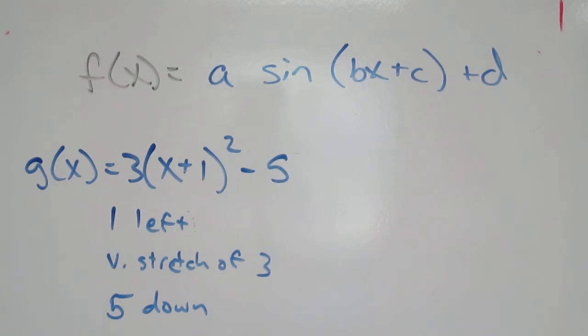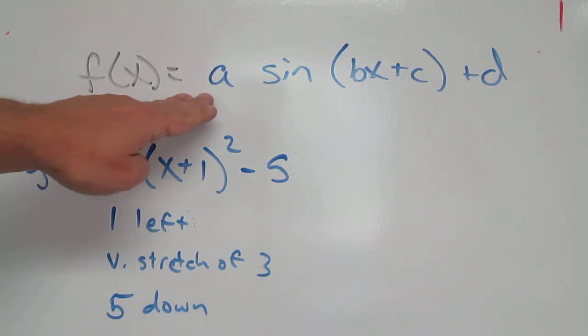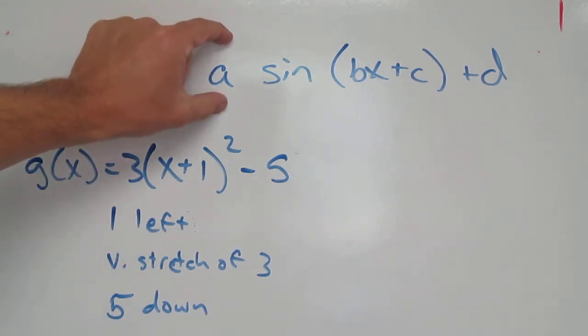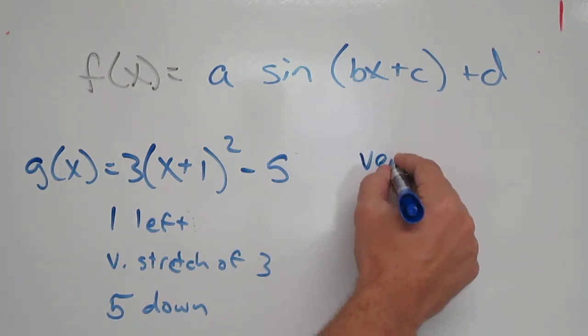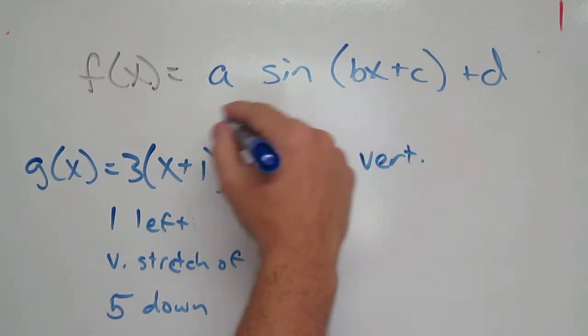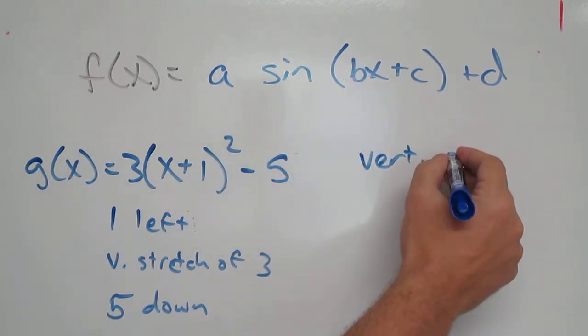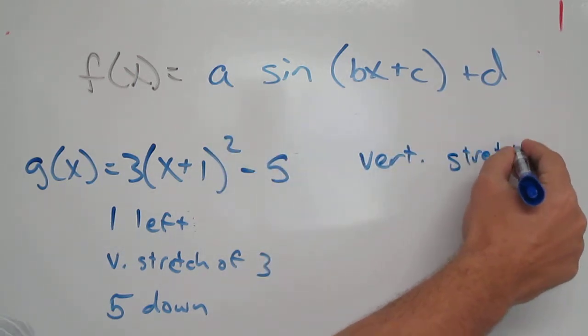Okay? I'm going to do the same thing with sine curves. If I have something being multiplied out in front, I'm going to have a vertical stretch. I'm doing these in order that we see them, not in the order that they would occur. Vertical stretch of A.